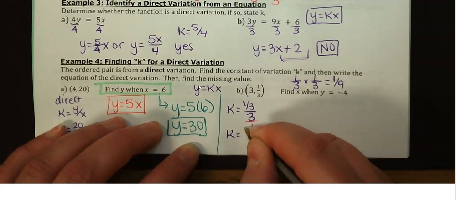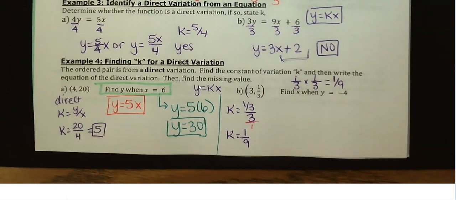If you actually look at that, the k value there is going to be 1/9. What you end up doing, that number, which is 3, I should have probably used a different example, but the 3 and the denominator of the fraction just get multiplied together if you want to save yourself some time. Or you can use your calculator, but 3 times 3 is where the 9 ends up coming from there.